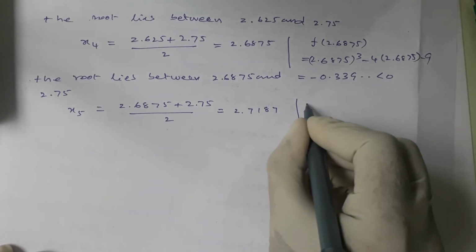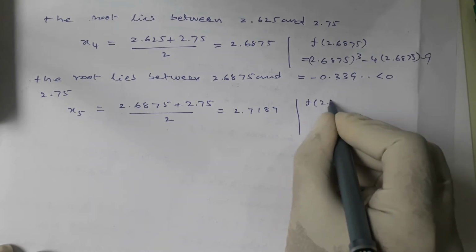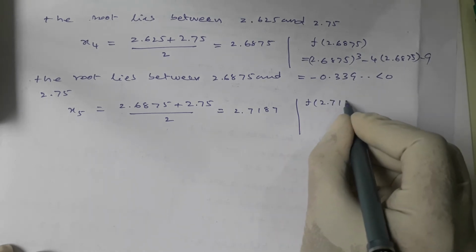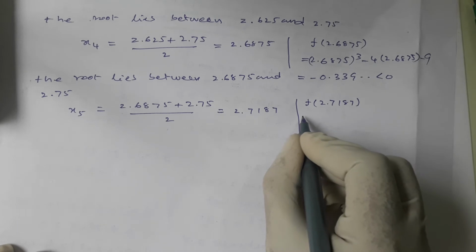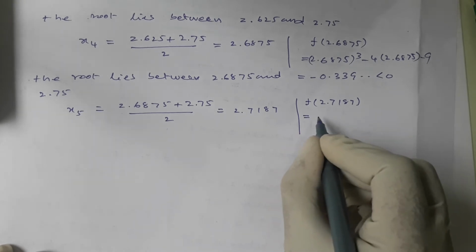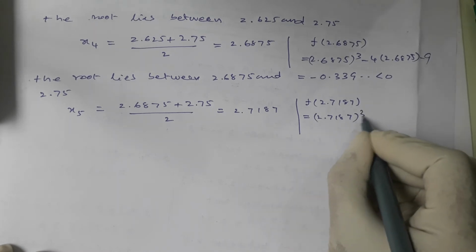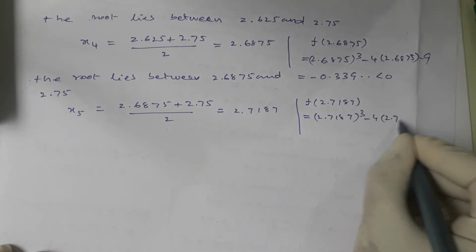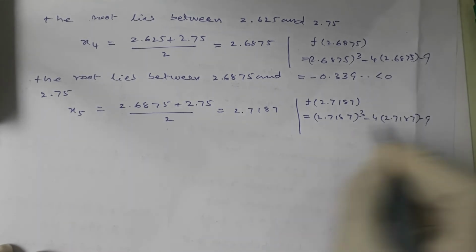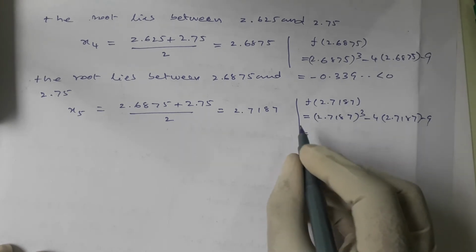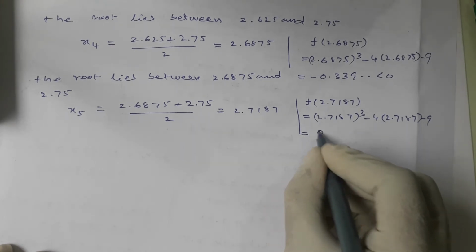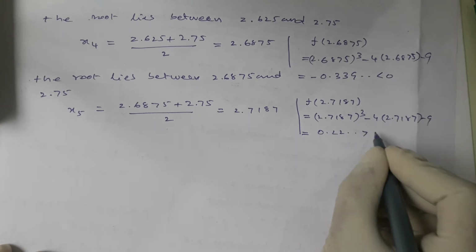So f of 2.7187 is equal to 2.7187 whole cube minus 4 into 2.7187 minus 9, that value is 0.22 something. It is greater than 0.